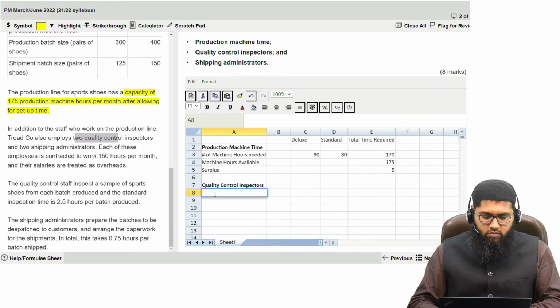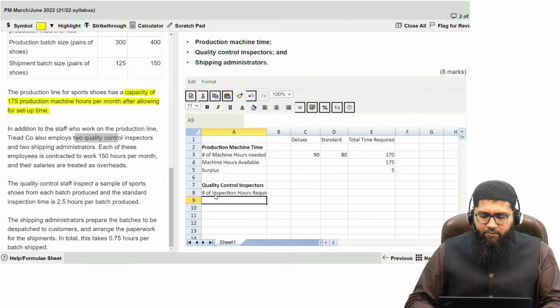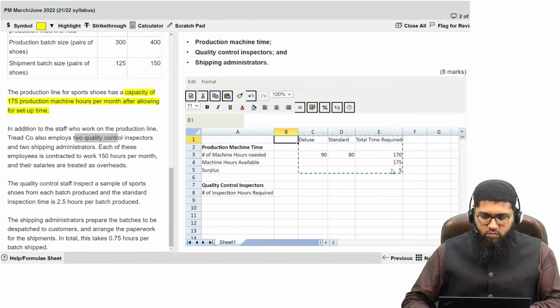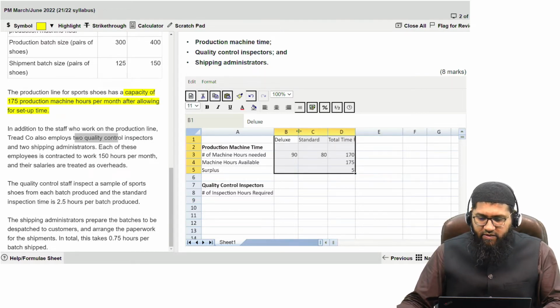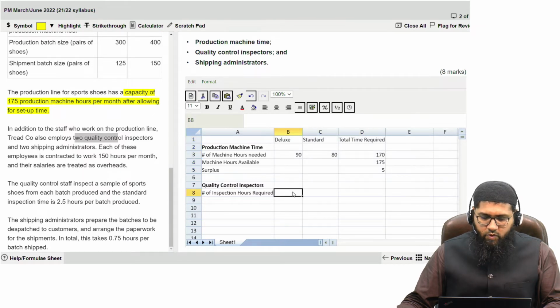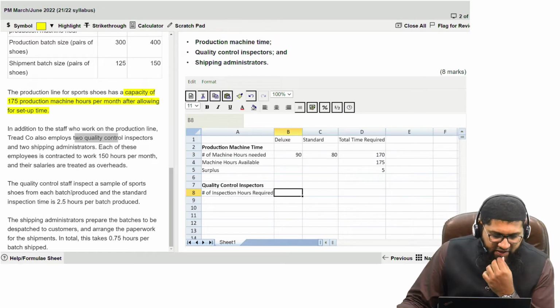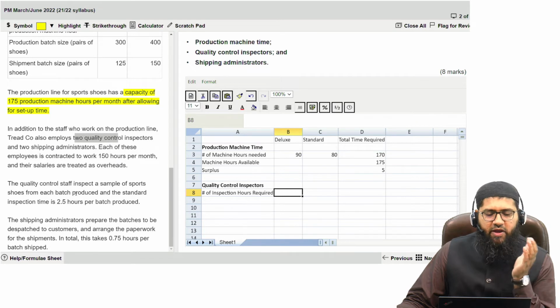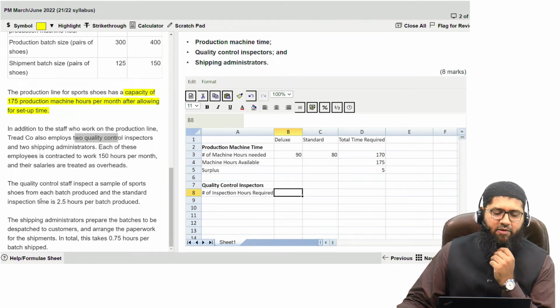Number of inspection hours required, how would we get it? We would get it like this. Quality control staff inspect a sample of sports shoes from each batch produced, and the standard inspection time is 2.5 hours per batch produced.